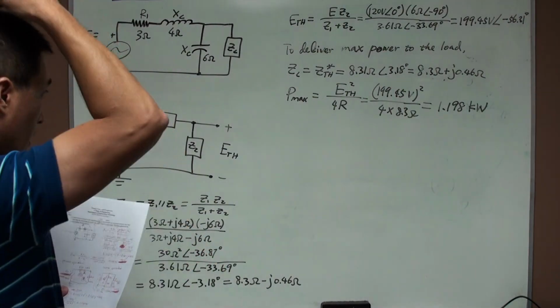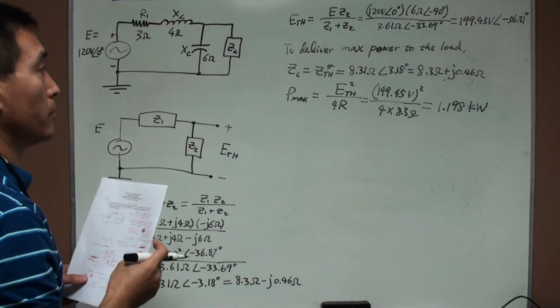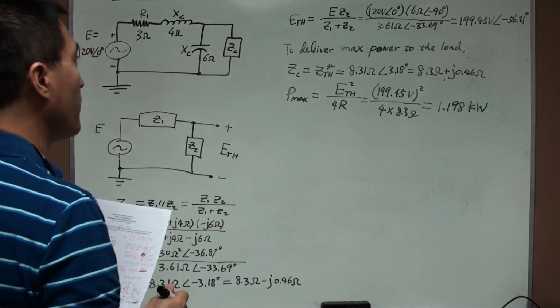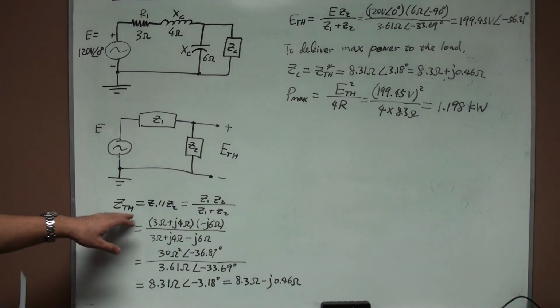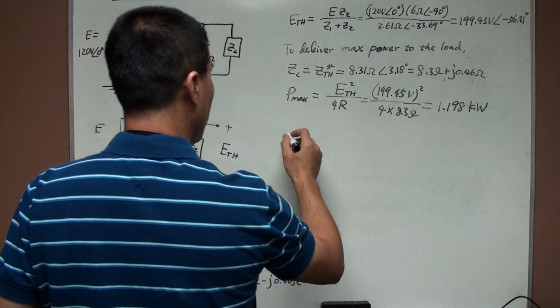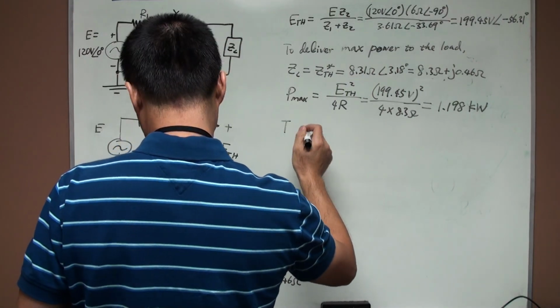Next we want to draw the Thevenin equivalent circuit. We already have ZTH and we already have ETH.